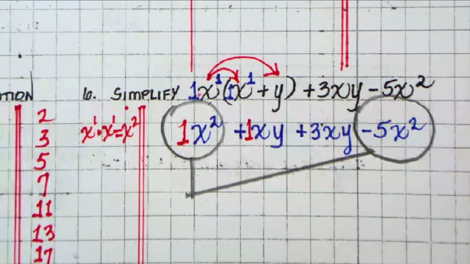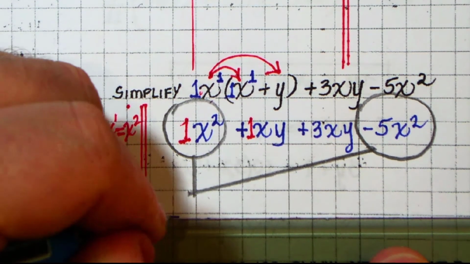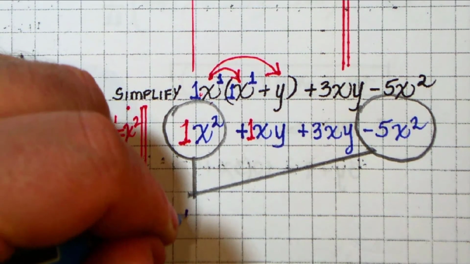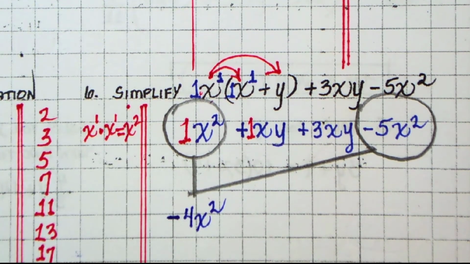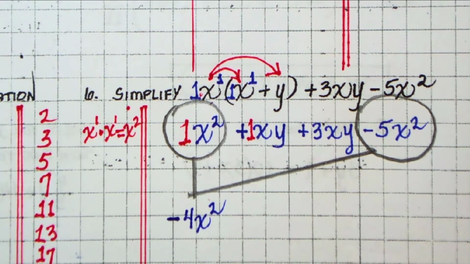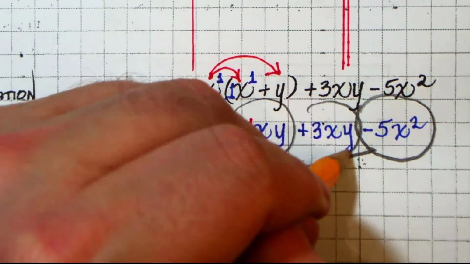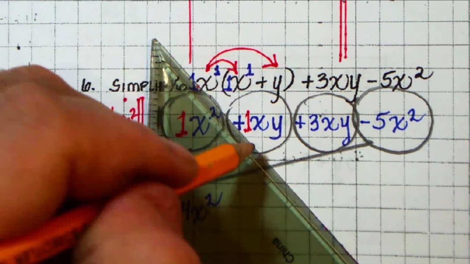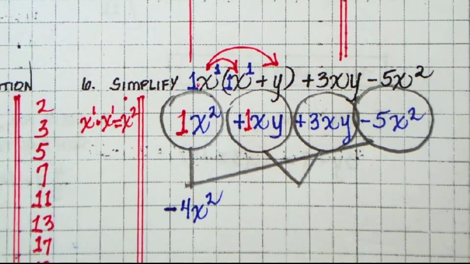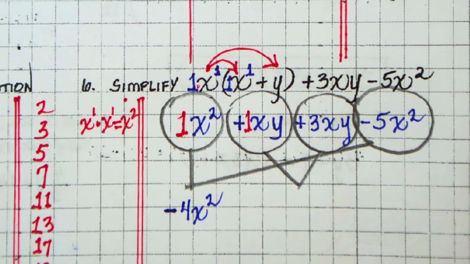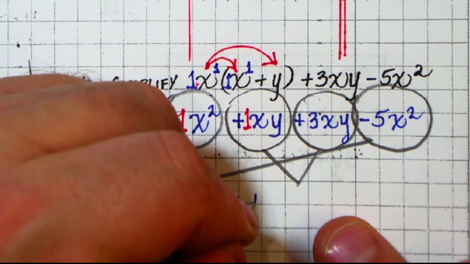Emmanuel, thank you. Negative 4x squared. Okay, now that must mean that these two can be combined. See, this is xy. Guess that means they're common terms. So what's 1xy plus 3xy? 4xy. Plus 4xy.